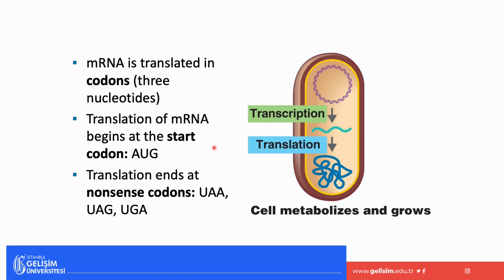Okay, so you want to start translation, we look for the start codon. Okay, and again, what did we say? AUG is the start codon, okay, and it codes for methionine. For stop, we have 3 of them over here, right? UAA, UAG, as well as UGA.